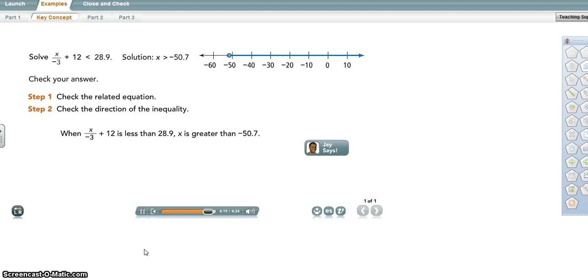Both the related equation and the inequality direction check, so the answer checks. When x divided by negative 3 plus 12 is less than 28 and 9/10, x is greater than negative 50 and 7/10.